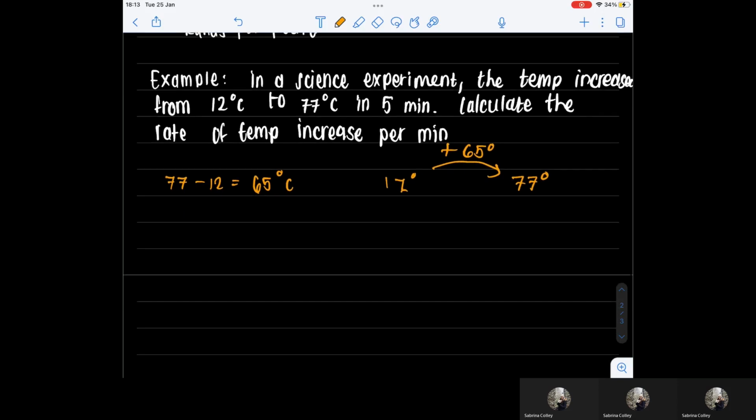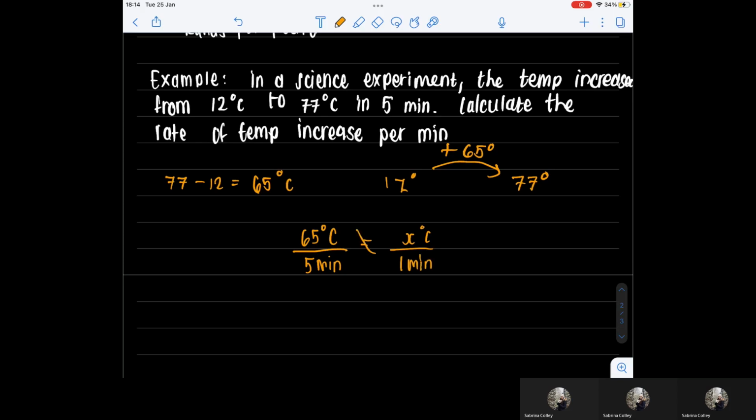So what I like to do is put it as a fraction. So I know that it was 65 degrees Celsius that happened in 5 minutes. Okay, I want to find out what is the rate of temperature increase. So let's make this x degrees Celsius, the increase for 1 minute.